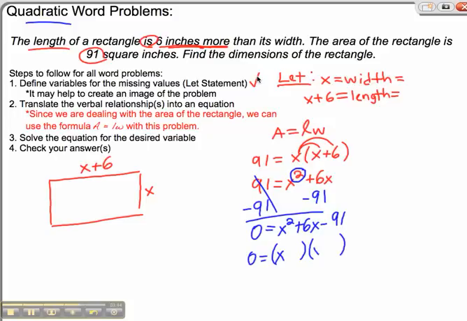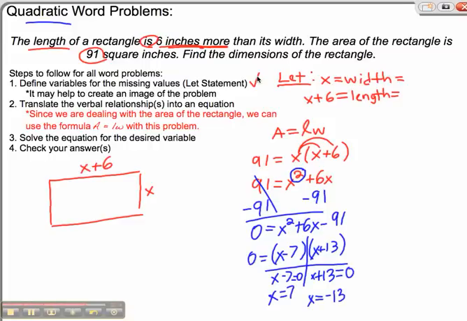The x squared term is split up. And the 2 numbers that multiply to negative 91 and add to 6 are negative 7 and positive 13. Now I use the multiplication property of 0 to solve. And I end up with x equals 7 and x equals negative 13.